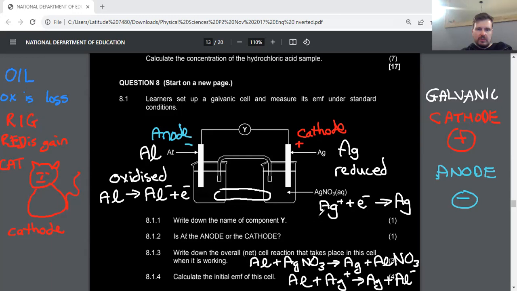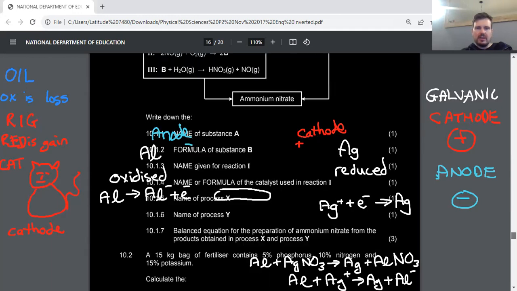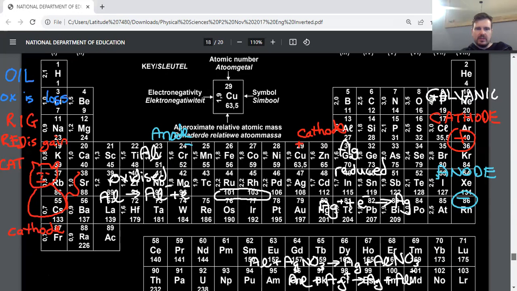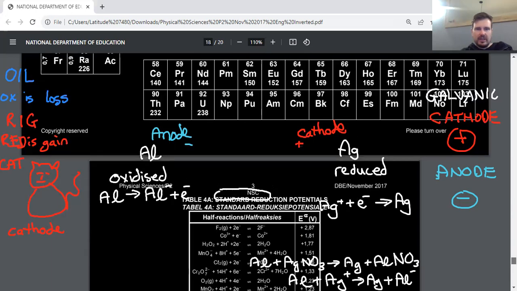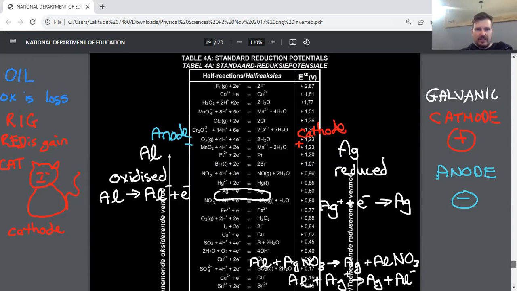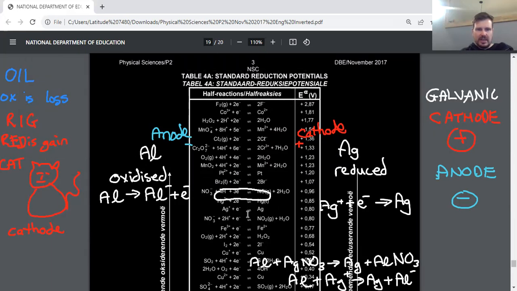So now they want to know the EMF. We can go down and look at our half reaction table, and we notice that these things have voltages. Where our Ag was, you see that it's got plus 0.8.